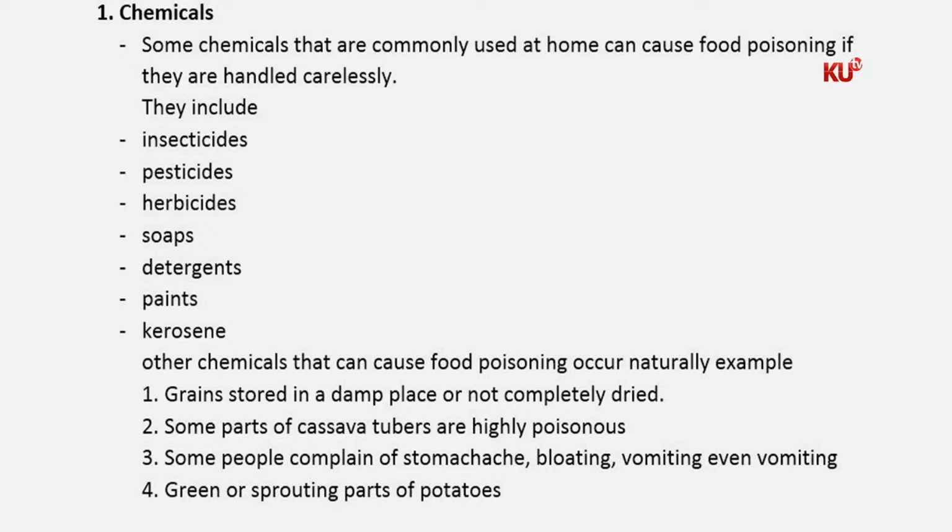So we talked of grains. There is a term that is used rarely, but you can find it, especially in the final exams, that is the KCPE. The term is aflatoxin. Rarely, but they can throw in that term.